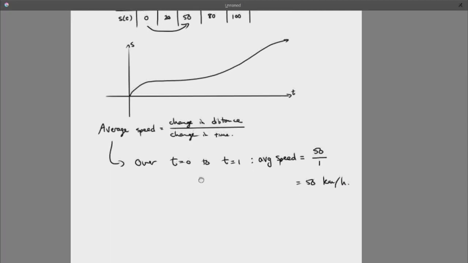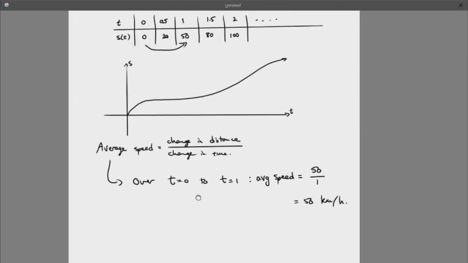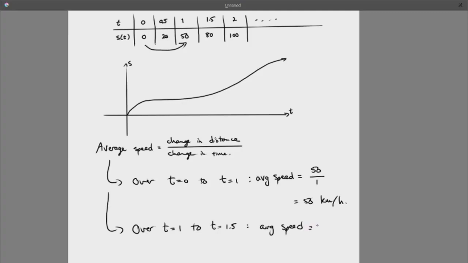For example, if I were to try and see everything, average speed maybe over time 1 to time 1.5, from time 1 hour to time 1.5 hours, then that average speed is again the change in the distance.